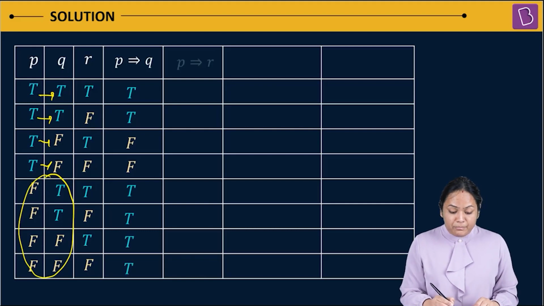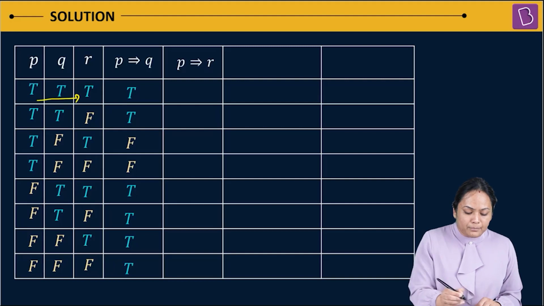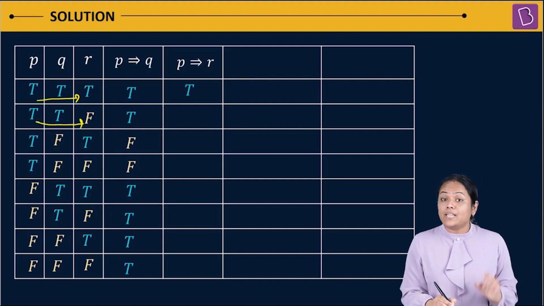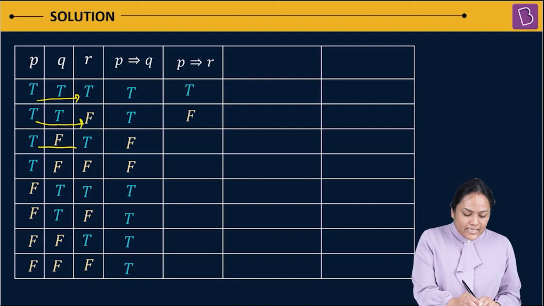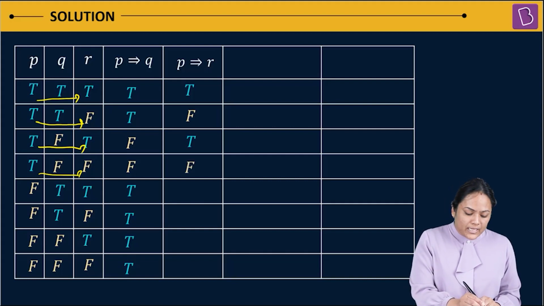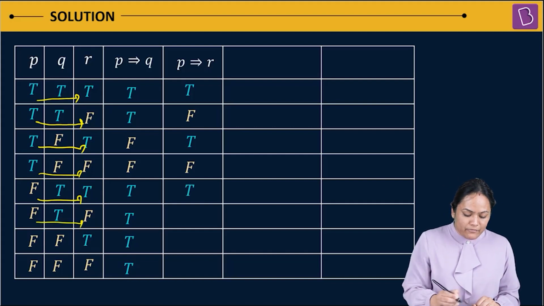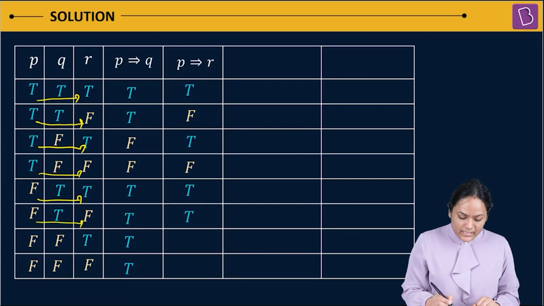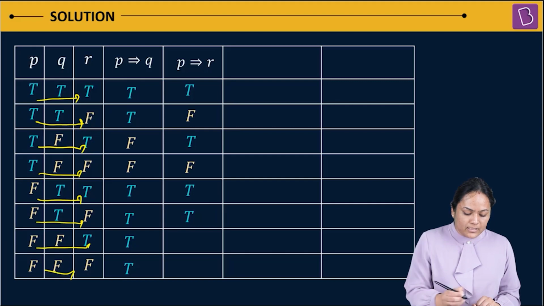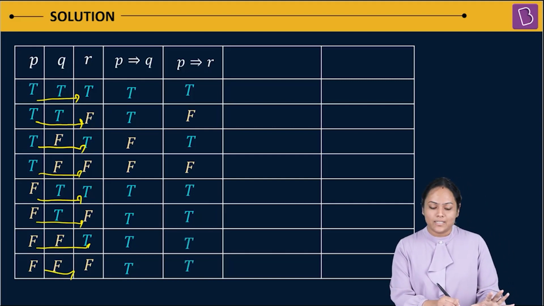Then I have P implies R. So when I have T implies T, it's T. But when I have T implies F, it's F. Then again T implies T is T. T implies F is F. For the rest of the cases, I have F implies T, which is T. I have F implies F, which is T again. And the two cases which are left are again going to give me truth value T.